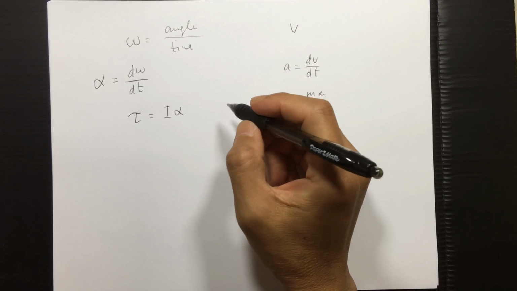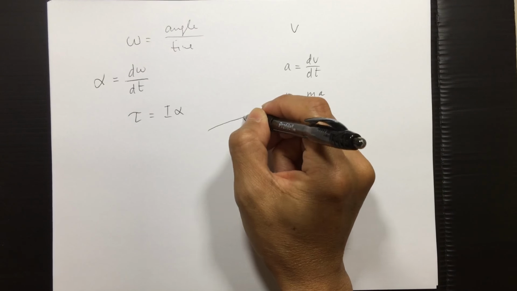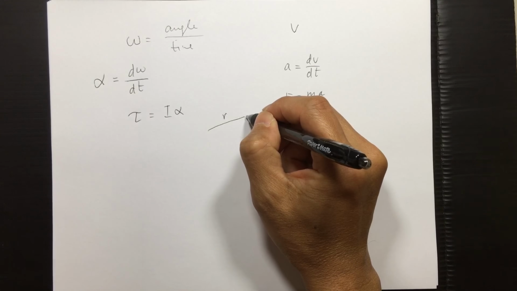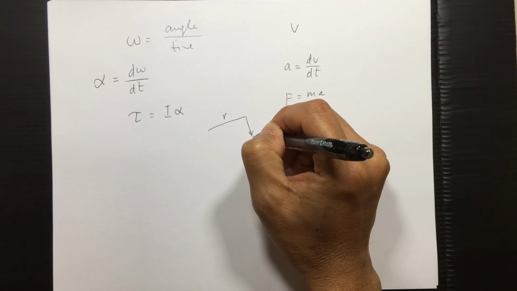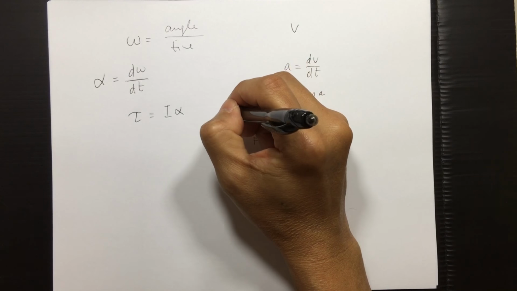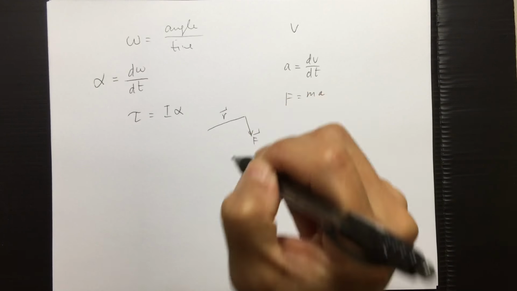You have, I probably should draw it here. Mess up my writing, but it doesn't matter. There's an R, right? You put a force to it. So R is a, right?